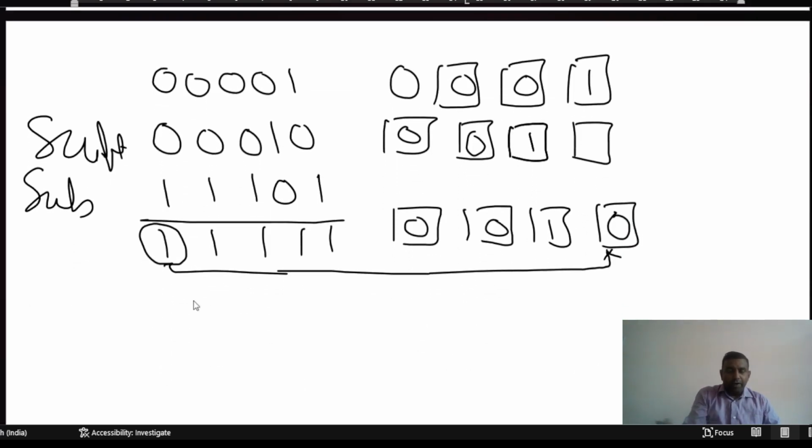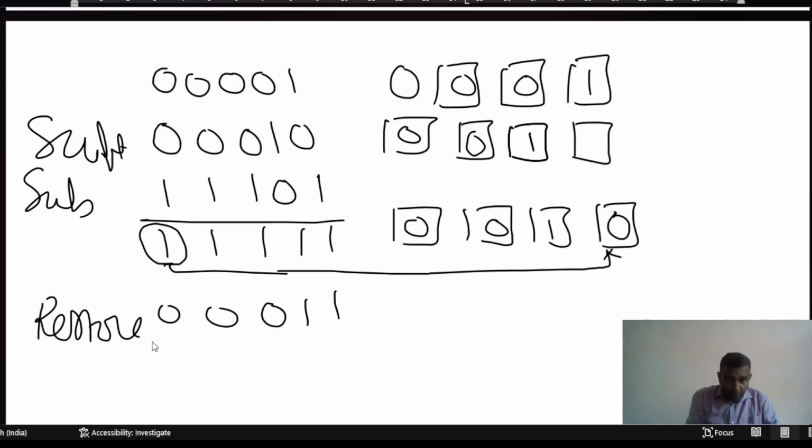And again we get the first bit is 1. So in that case we need to perform the restore operation. In that restore operation, we need to add 3 to the result of subtraction. So what we get? 00010.